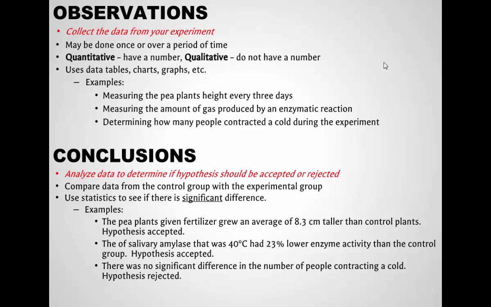And doing some statistics, you can look at the difference and say, yes, this is a significant difference. Or you can say, no, it's not. Probably in that case, 0.1 centimeters is probably not a significant difference. We can't really say that the treatment had any effect. That could most likely be due to just random chance and not necessarily our treatment. So you have some statistics you can do that help you make that decision.